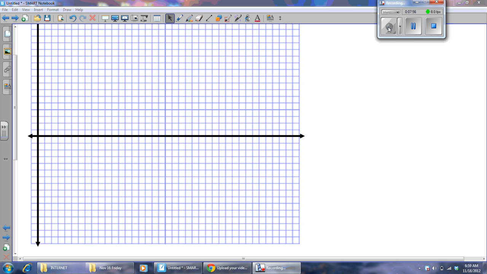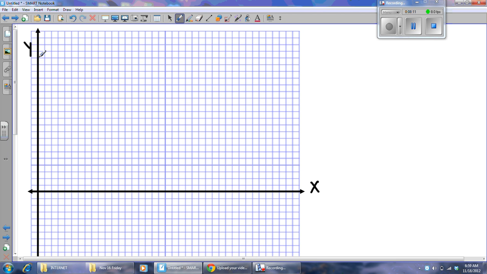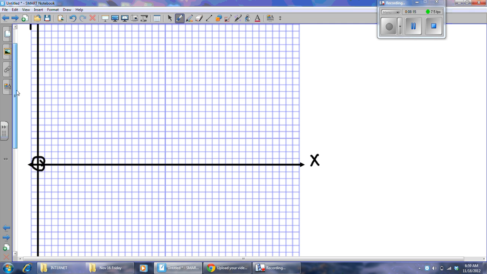Okay, so I have some graph paper here, and I want to point out to you, I'm not looking at a perfect 10 by 10 grid. I've got just the part of the grid that I really care about. There's my x-axis, my y-axis, and of course my origin, right?